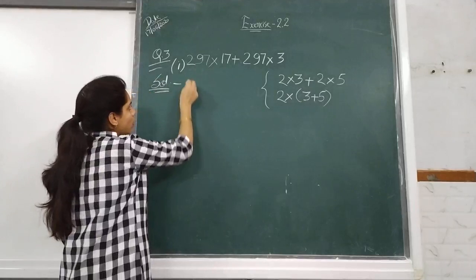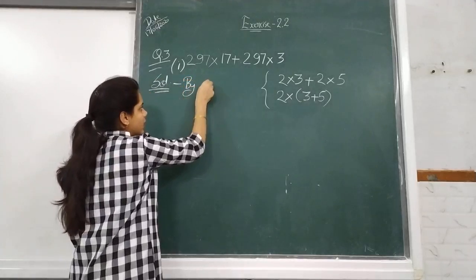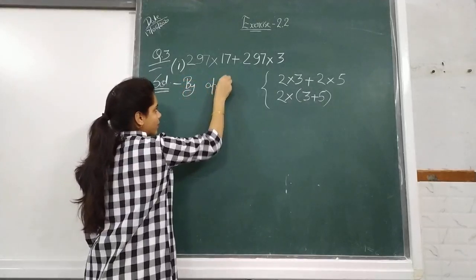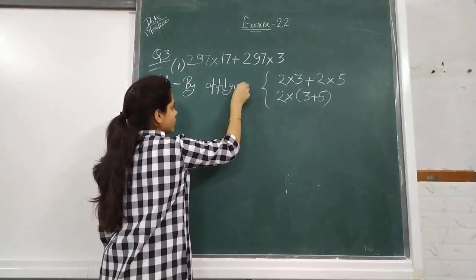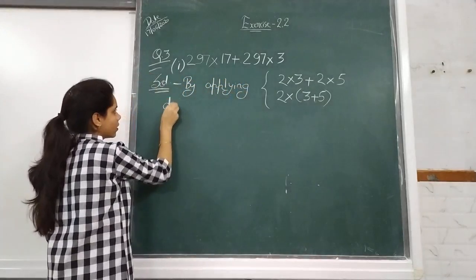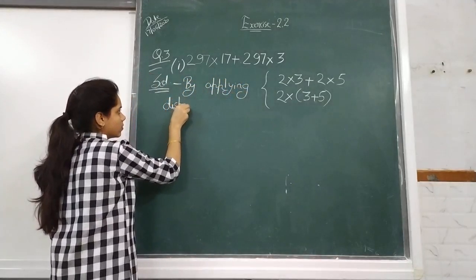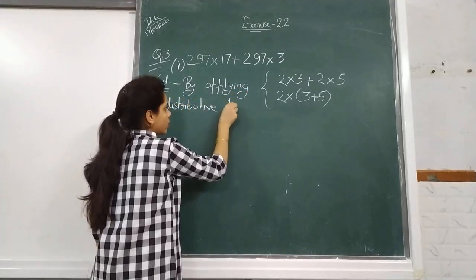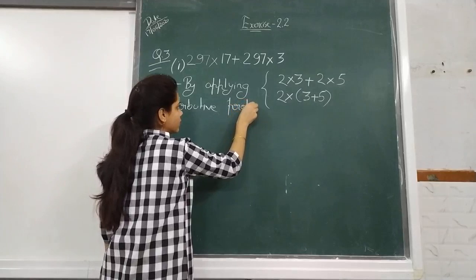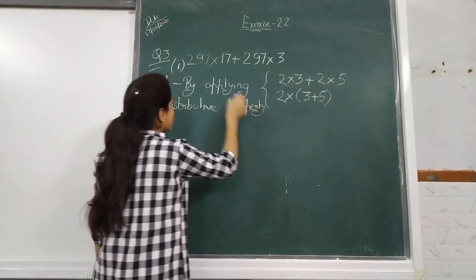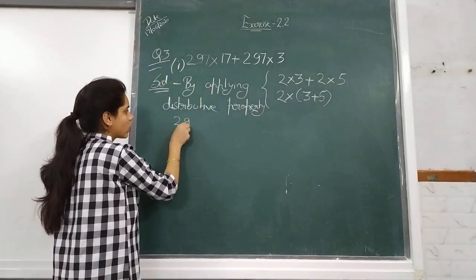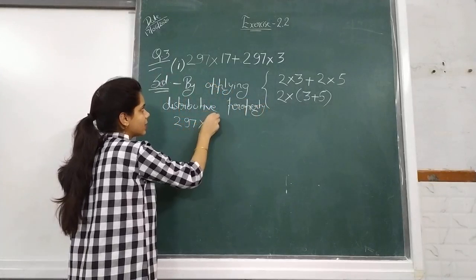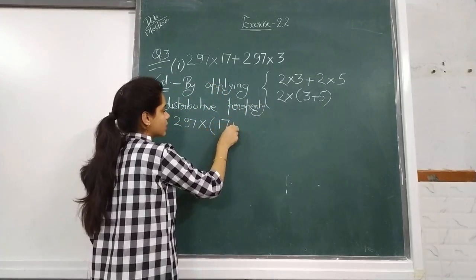So, by applying distributive property, what will come? 297 will be common here, and 17 plus 3.